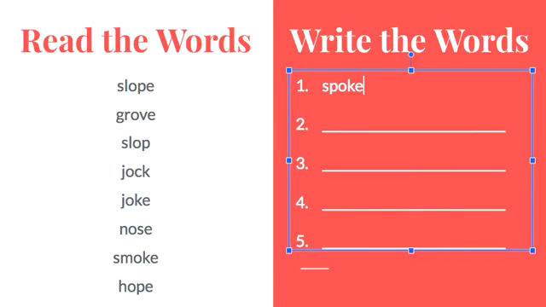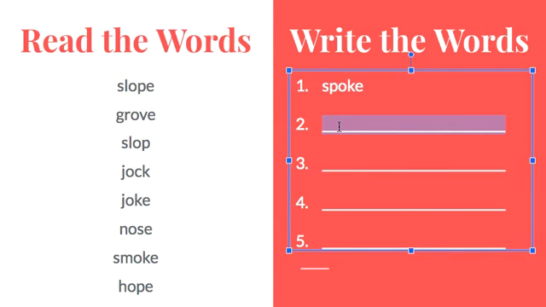Let's do another one. The word is stone. Stone. Look carefully at your word the way you've written it. Does it represent the sounds in the word? Let's check our writing.